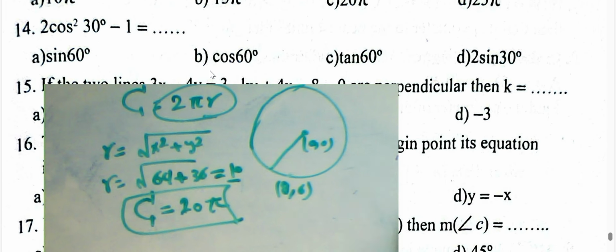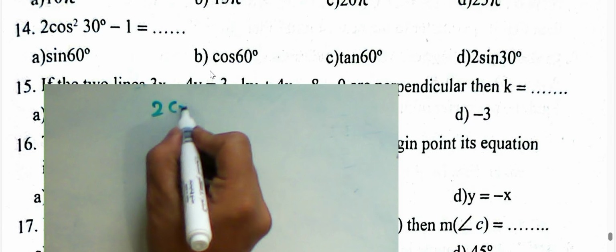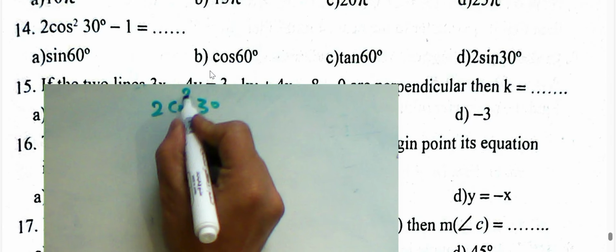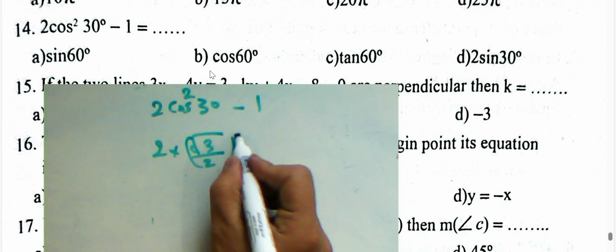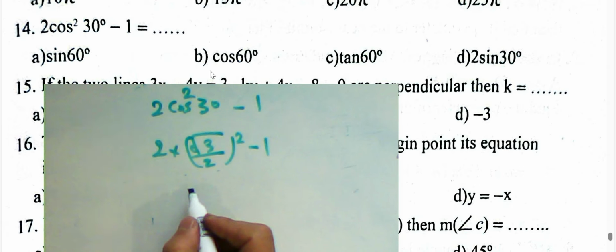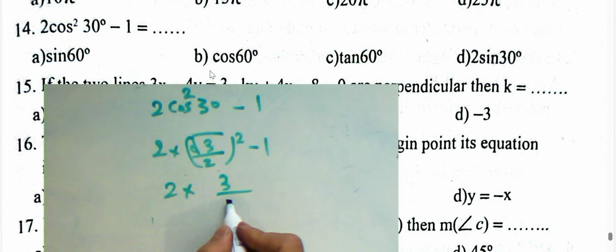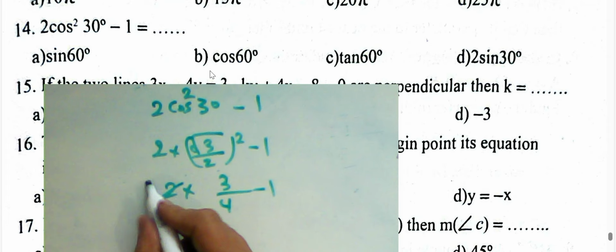2 cosine 30 power 2 equals? Look here, we know cosine 30 equals root 3 over 2. Right, 2 cosine 30 power 2 subtract 1, so 2 times the square root of 3 power 2, minus 1. 2 times 3 over 4 subtract 1.